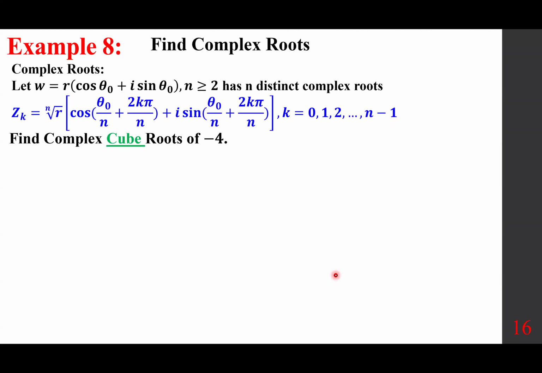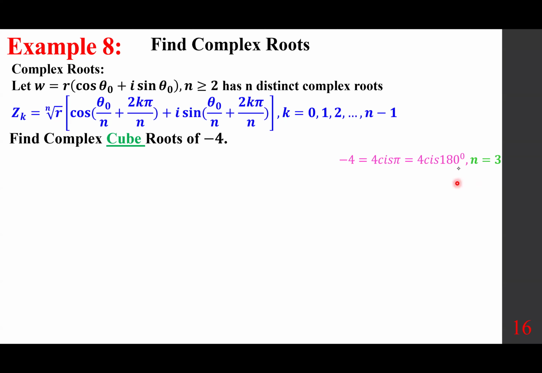So in this case, we are going to quickly write this in polar format. Minus 4 is 4 cis pi, or 4 cis 180 degrees. Sometimes you go with degrees, sometimes with radians, but degrees may be easier.